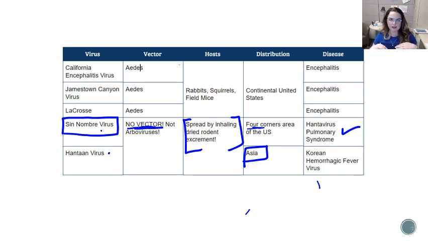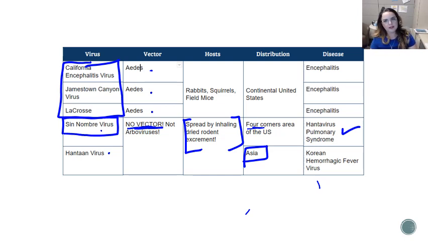All of the viruses in this table are Bunyaviruses. These two have no association with vectors, but the rest of them, the California encephalitis virus group, are all associated with vectors because they are all spread by the Aedes mosquito. The Aedes albopictus or the Aedes aegypti.